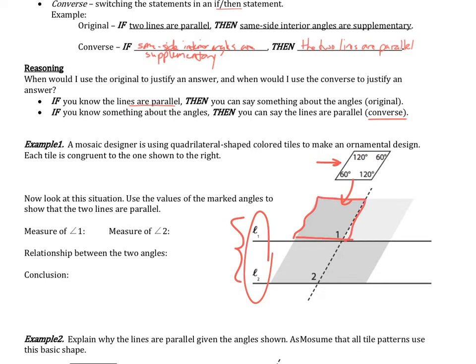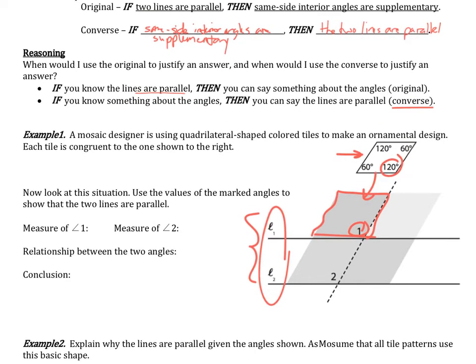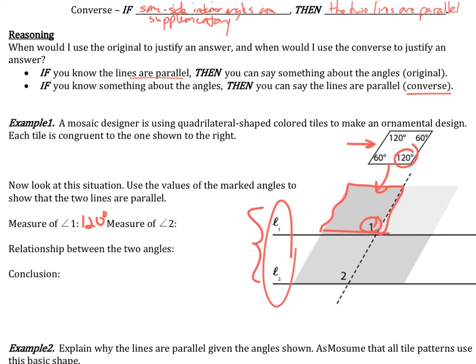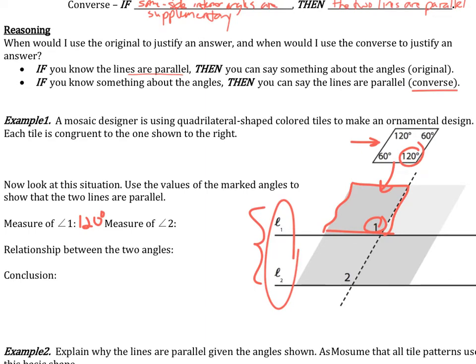If we were to put that tile into our design here, angle 1 would match up with the bottom right corner, which would be 120 degrees. And angle 2 would also be 120 degrees.